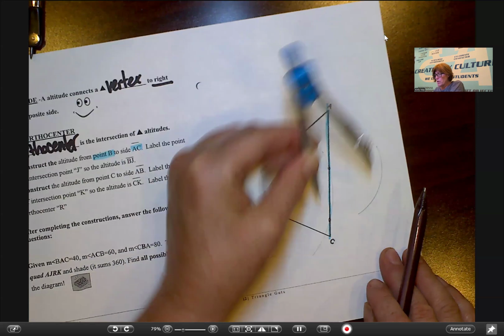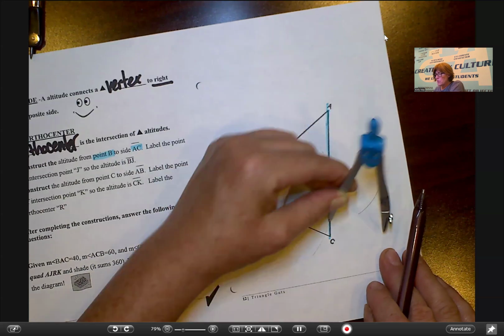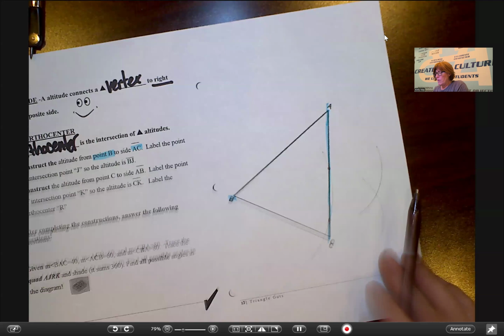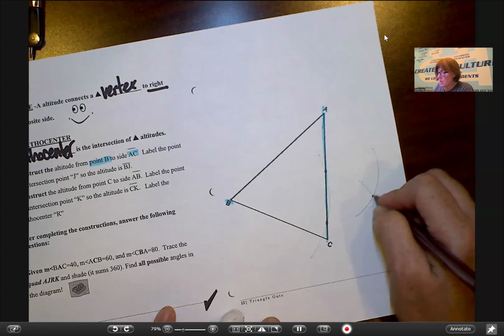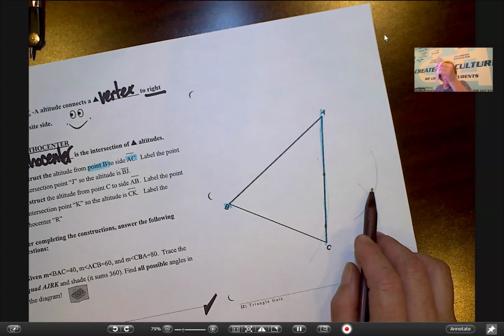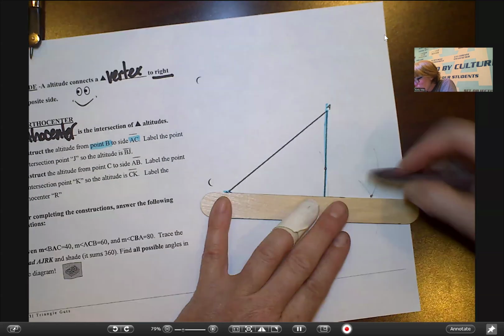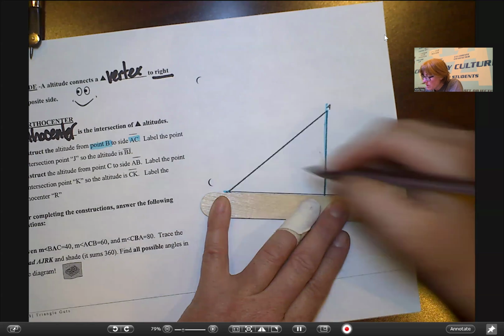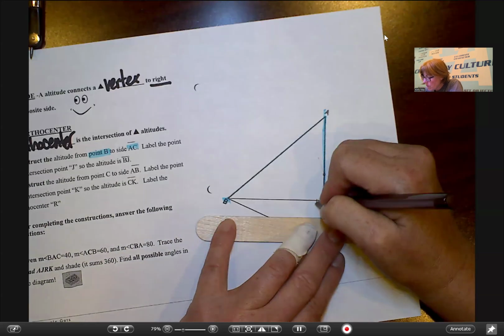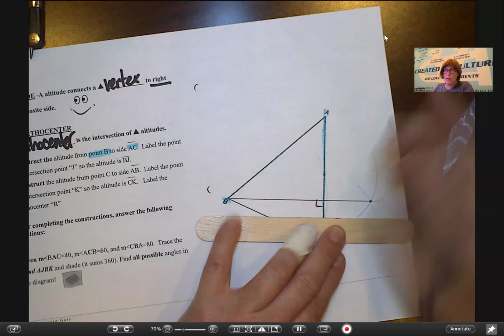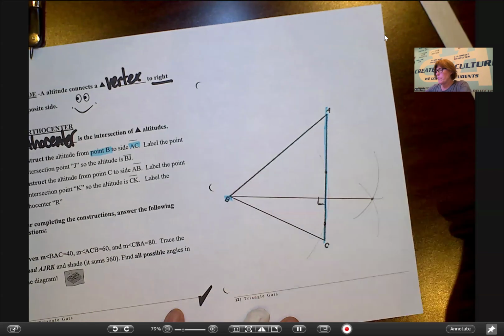Don't change your compass settings between dimples. Sweep. And you are going to get an intersection, straight edge. And you have a perfect right angle. Perpendicular. It's not a bisector, it's just a perpendicular.